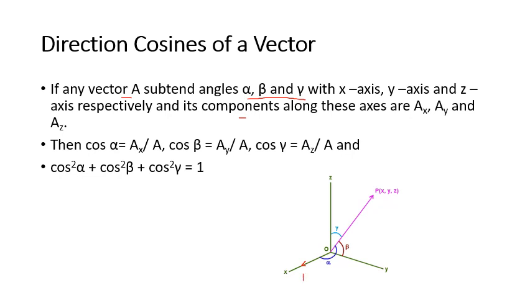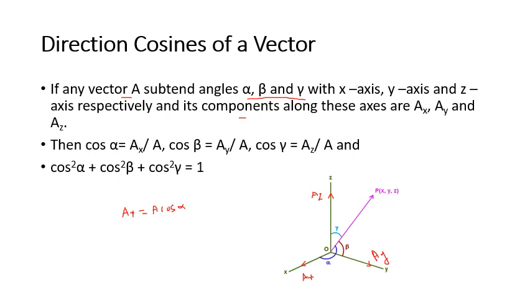Along x-axis you have Ax, along y-axis you have Ay, and along z-axis you have Az. So these three are the rectangular components of the given vector A. And now then cos alpha. So what we saw? Ax equal to A cos alpha. Do you remember?